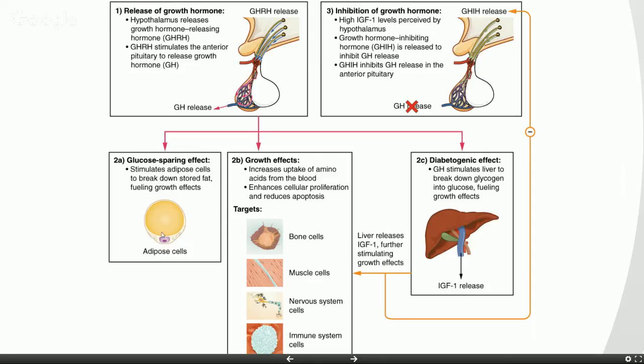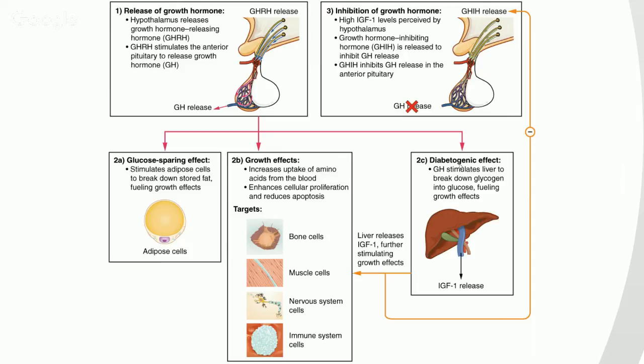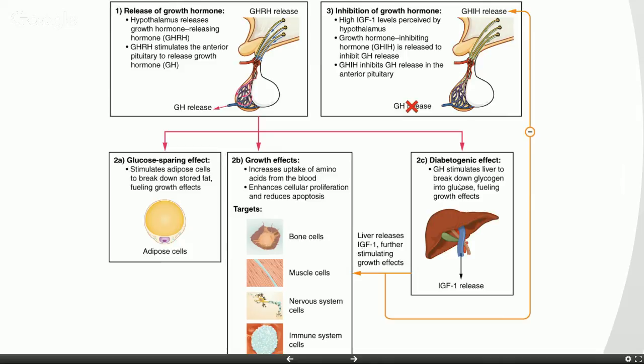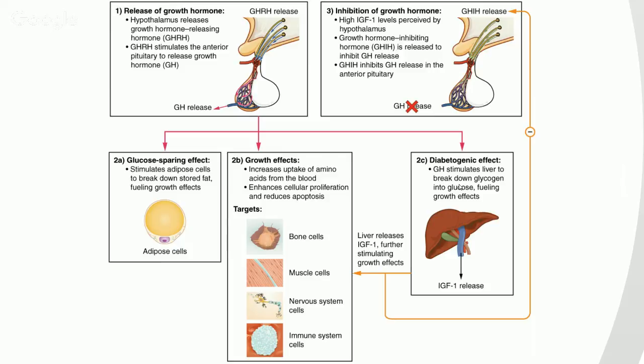Growth hormone also causes adipose tissue to break down stored fats, releasing more energy-rich molecules. Now, this diabetogenic effect, okay, it's a weird word, but really what it means is it raises blood glucose levels. Okay. What did we recently learn also raises blood glucose levels?